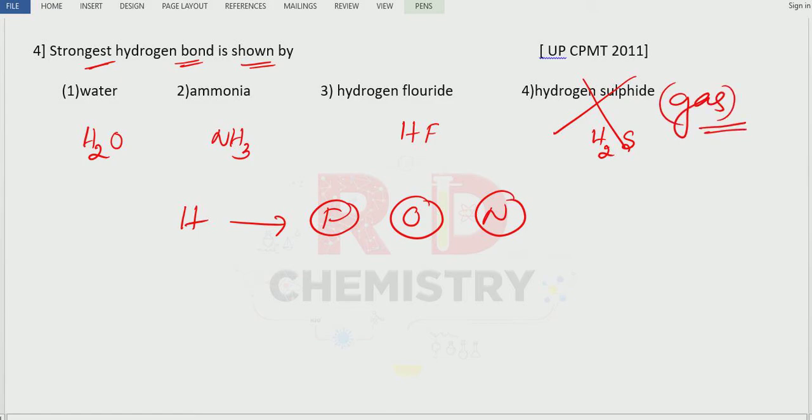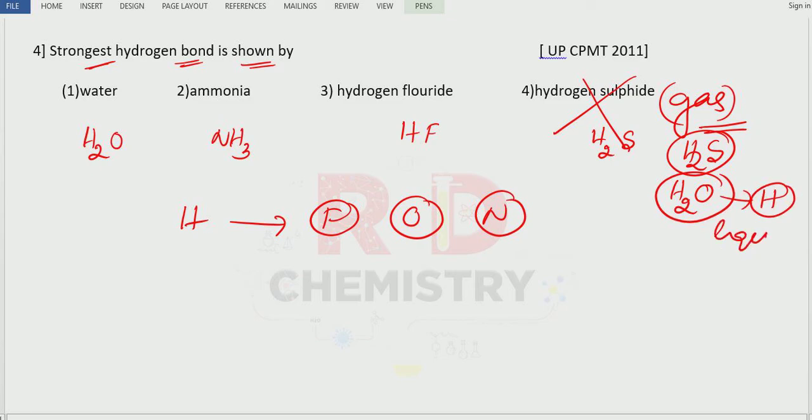There is no hydrogen bonding. Water exists as a liquid because of intermolecular hydrogen bonding. H2S is a gas because there is no intermolecular hydrogen bonding. The molecules move randomly, away from each other. That's why it exists as a gas.